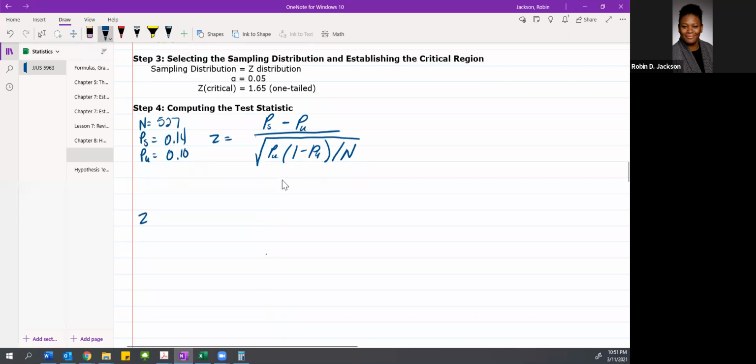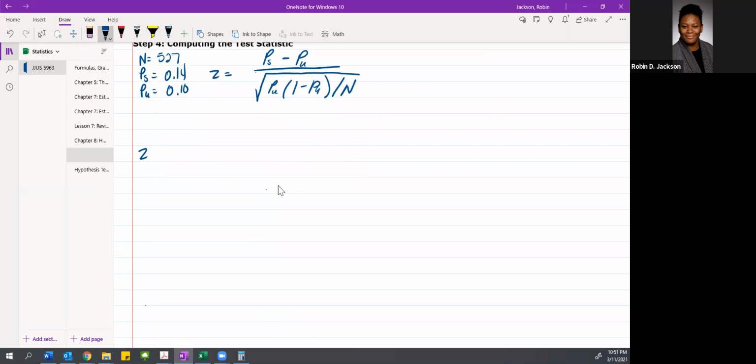All right, so back to what I was doing. Now it's time to plug in these numbers. So the sample proportion is 0.14. Actually, I want to move this up a little bit because I'm going to need all the space I can get for this one. Subtract the population proportion, which is 0.10.